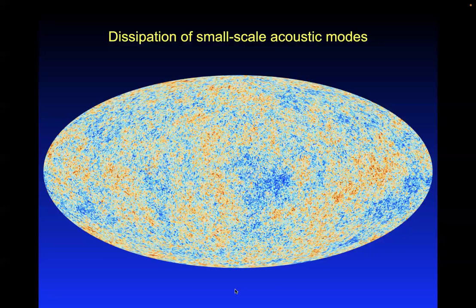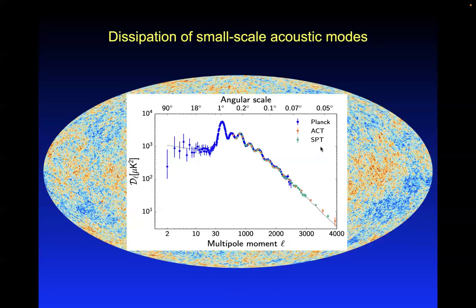So here are the CMB anisotropies again, which we have measured with Planck, ACT, SPT, and many other experiments. We have measured the power spectrum down to very small scales, and you see there's this damping of the acoustic modes by Silk damping, which leads to a quasi-exponential decay at small scales.